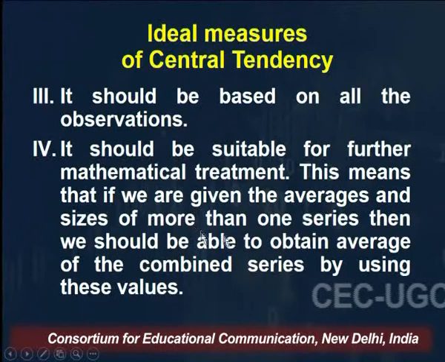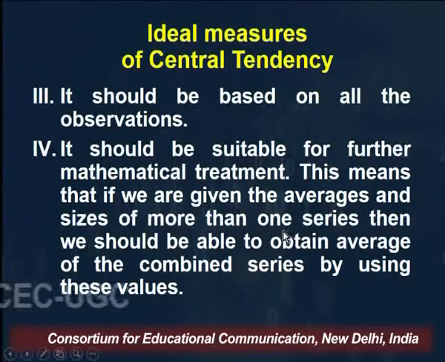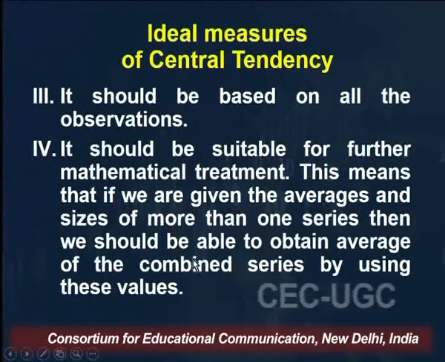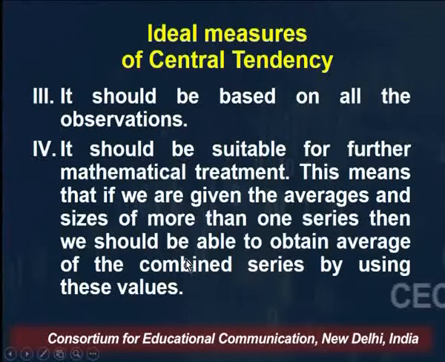This means that we are given the averages and sizes of more than one series. Again, series don't need to be of the same size, they can be of different sizes. Then we should be able to obtain the average of the combined series by using these values. In fact, I will talk about it later in my lecture, where I will show that arithmetic mean possesses this property, that is, arithmetic mean is suitable for further mathematical treatment.